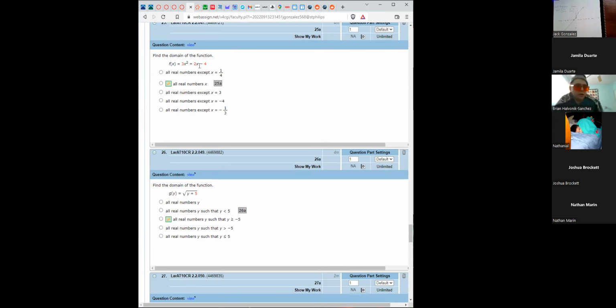So if you look at this parabola here, is there any number you can't square and times 3 and then add 2 of that number minus 4? Can you think of a number that would cause problems by plugging it into this function?